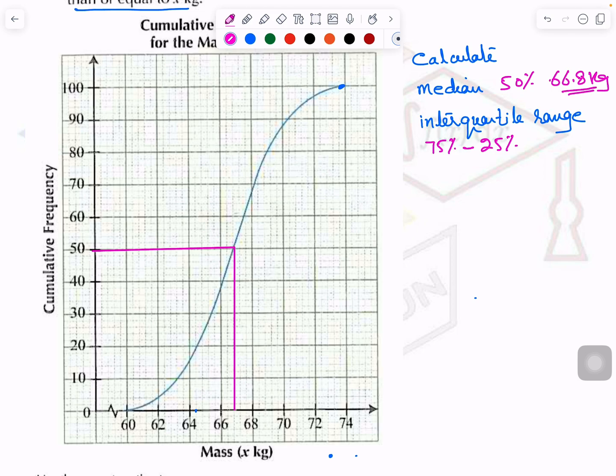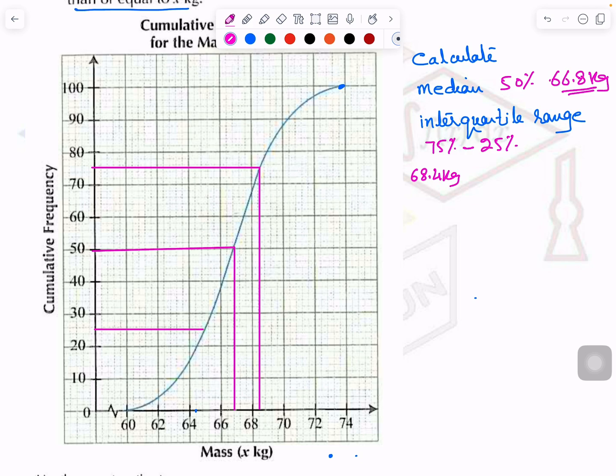For the interquartile range, I have to find the mass at 75% and the mass at 25%. 75% of 100 is 75. So it is somewhere here in the center, and I will just read from here. I'm just measuring fast; you need to be more accurate, right? So suppose it is 68.4 kg. And 25% of 100 is 25.